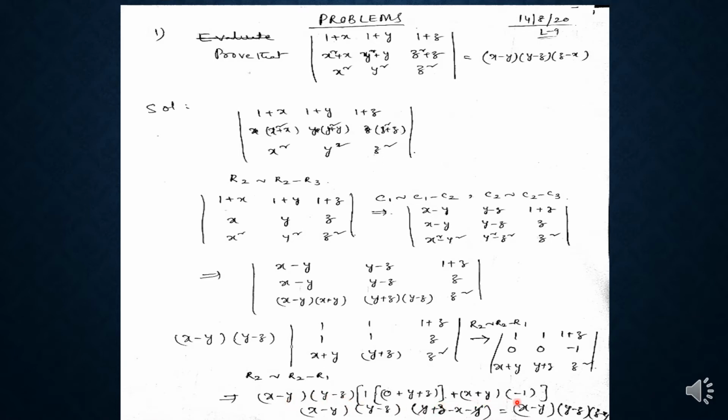Here minus y plus y gets cancelled. We get (x−y)(y−z)(z−x). So we got the required proof.